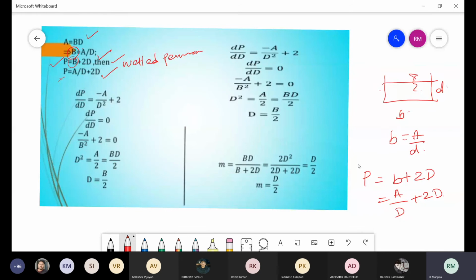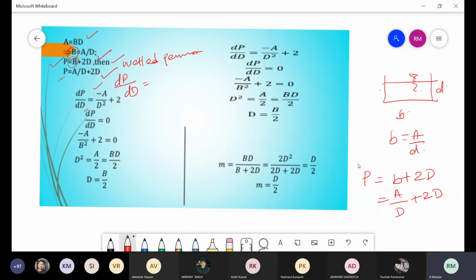Now for the wetted perimeter to be minimum, I am differentiating dP by dD with respect to D. The right-hand side has 1 by D, so dP by dD is equal to minus A by D square plus 2. Differentiation of 1 by D is minus 1 by D square, and differentiation of D is 1.